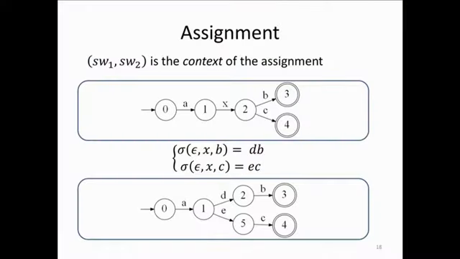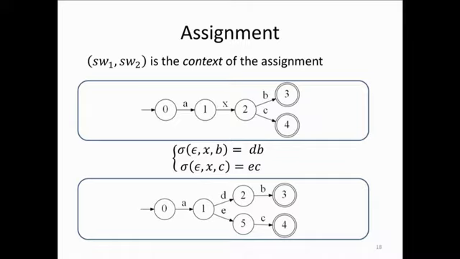Now, you're probably wondering about what's around x in that assignment. And that's our assignment context. Because sometimes we're not just going to want to replace x. Sometimes we want to replace x in a slightly different manner, depending what's before it and what's after it. So SW1 and SW2, two symbolic words, are the context of our assignment.